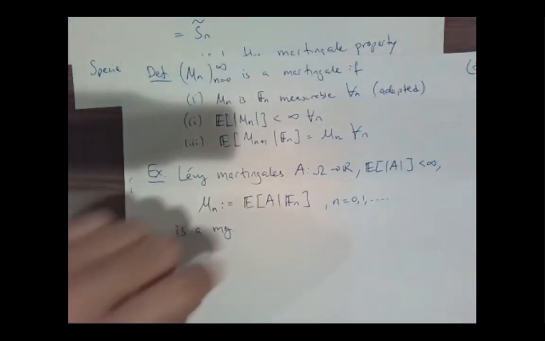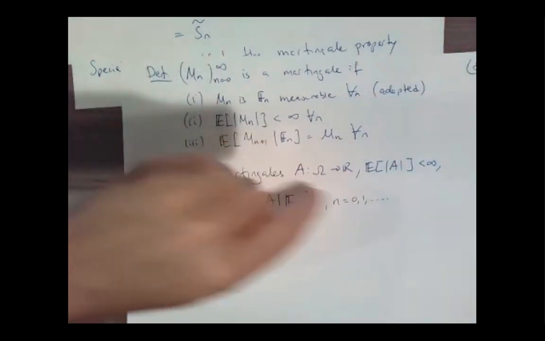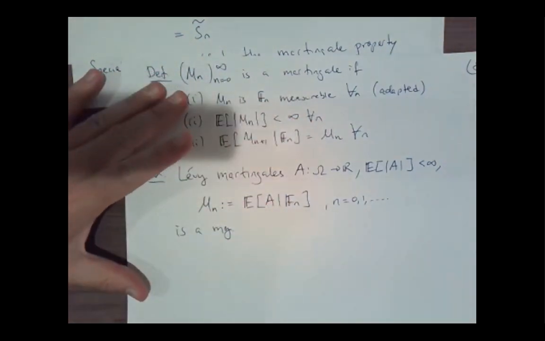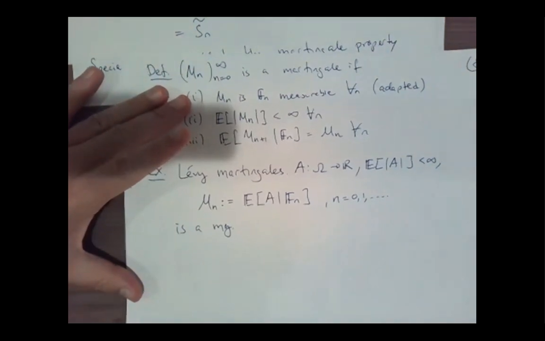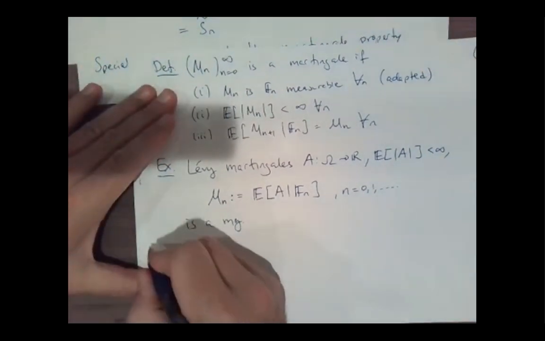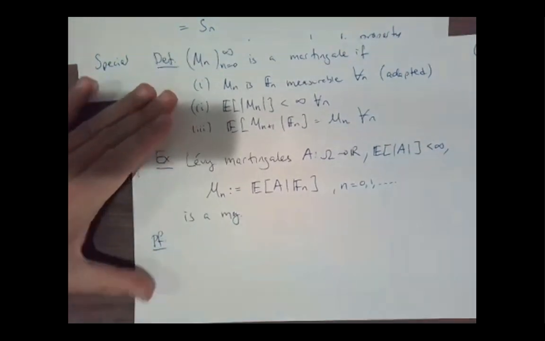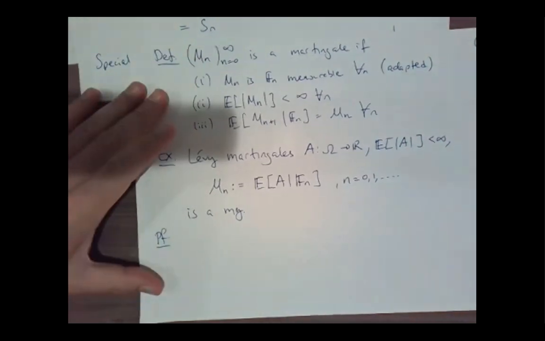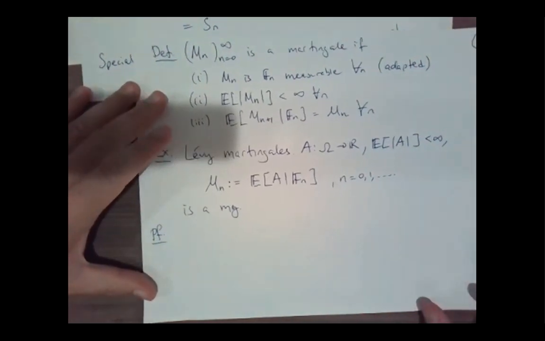So let me go over it again. You give me any random variable that's integrable. If I form this family of conditional expectations, I get a martingale. For how useful this is in the weeks to come, the proof is deceivingly simple.